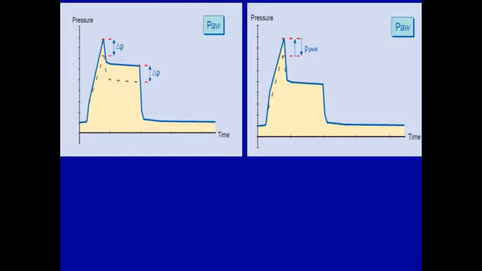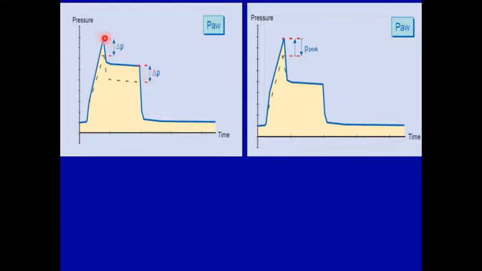So in this graph we can see this is the peak airway pressure and this is the plateau pressure. This dotted line should have been the peak airway pressure and the plateau pressure in this given patient. But what has happened here is there is a rise in the peak airway pressure and also a rise in the plateau pressure.